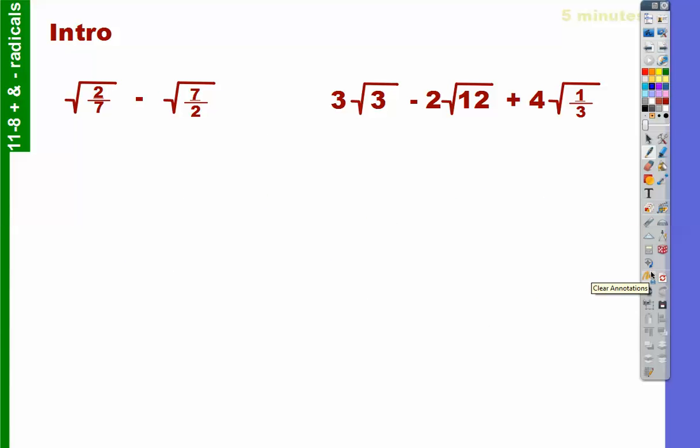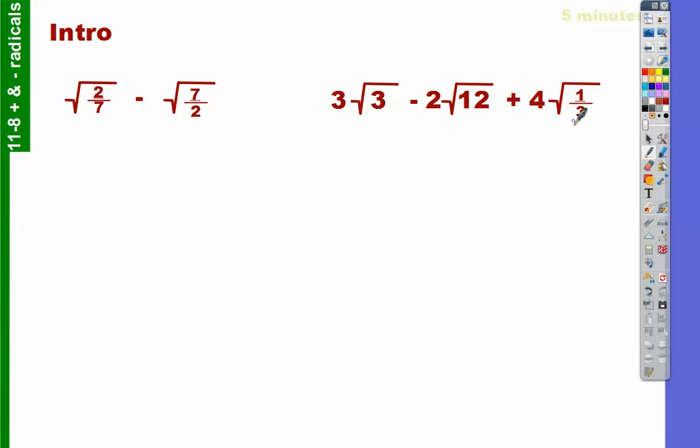All right, so now we have 3 root 3 minus 2 root 12 plus 4 times the square root of 1 over 3. Do we have any square roots that are the same? Not so much, do we? No. All right.